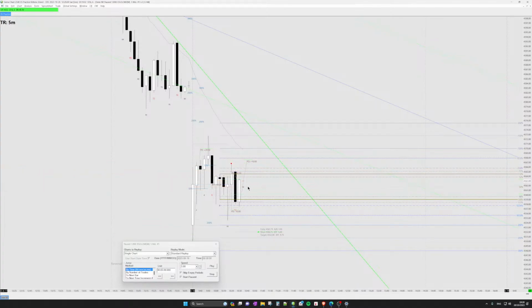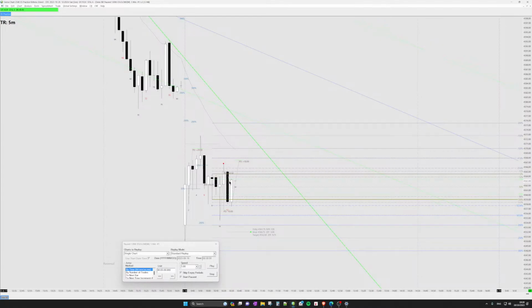So basically flattened. And now the bulls can probably expect the second leg up from here. Very rangy.